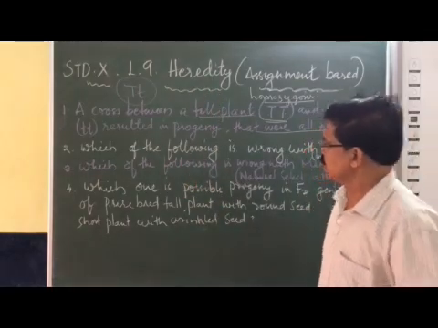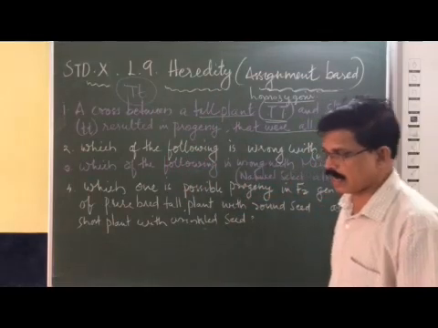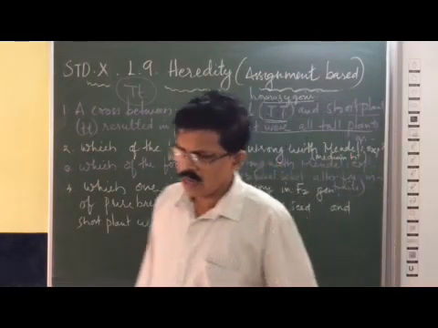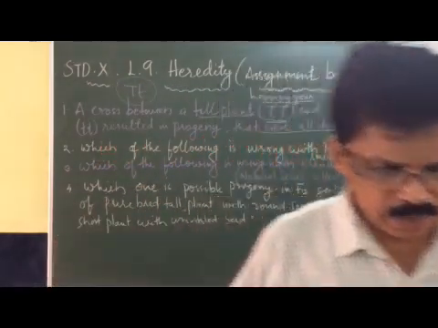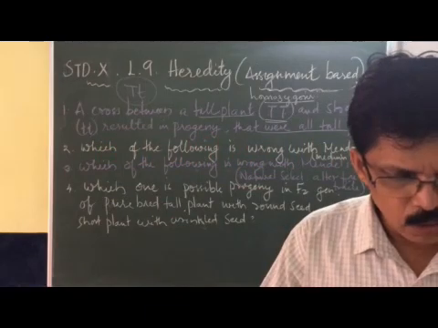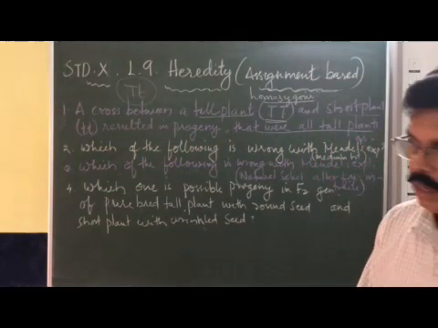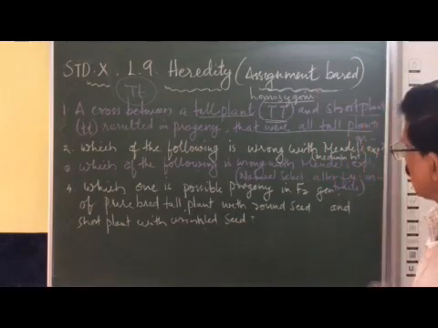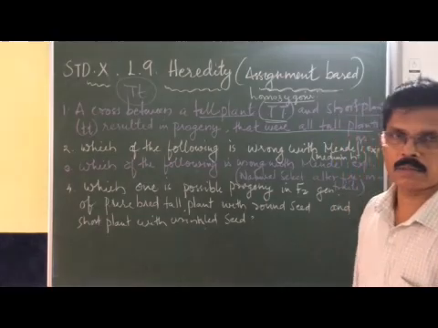Now the third one, which of the following is wrong with Mendel's experiment? Mendel said that there are different factors affecting the trait. Mendel never said anything about natural selection determining or altering the trait character.